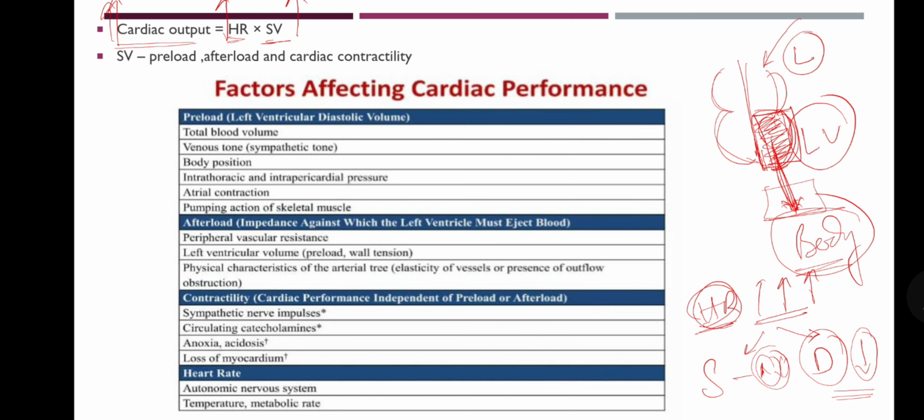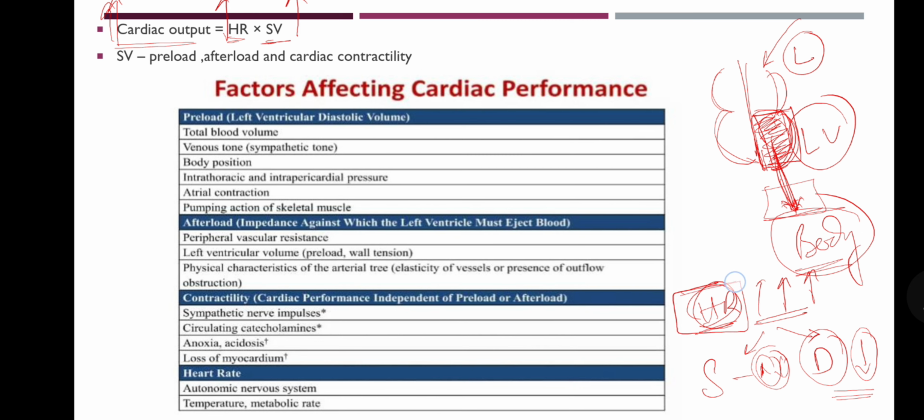So when heart rate increases, cardiac output increases, but after some point there is a decreased amount of cardiac output, which again leads to heart failure. That's why we give the heart enough time for filling.